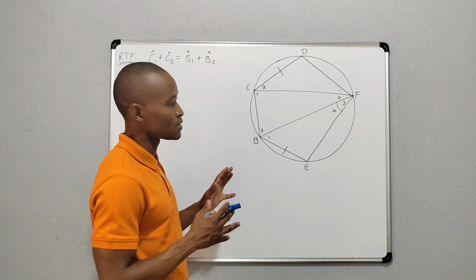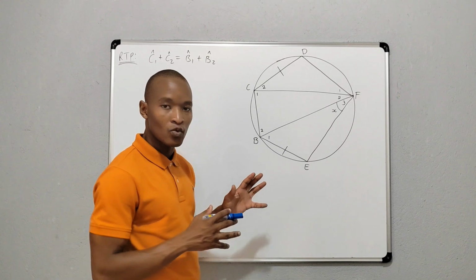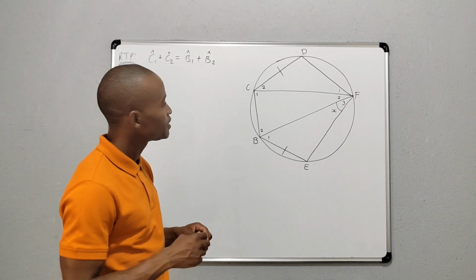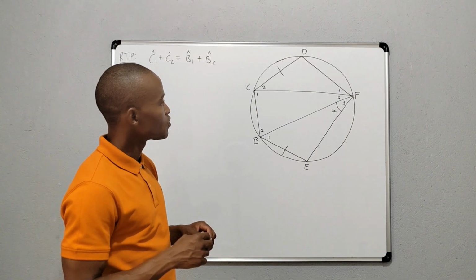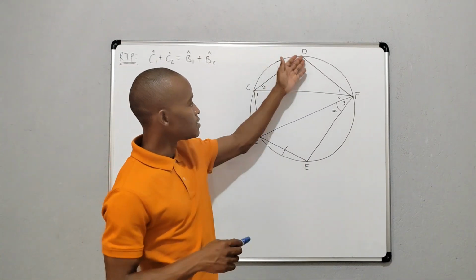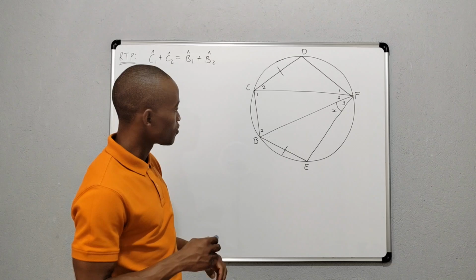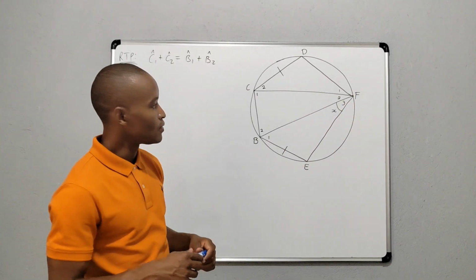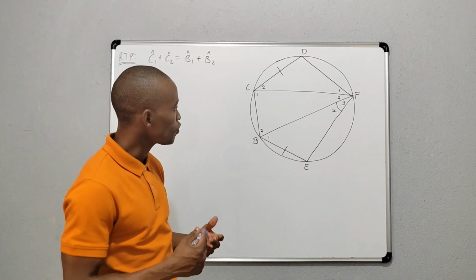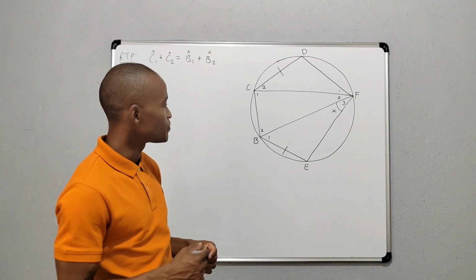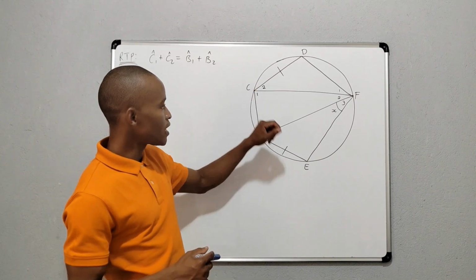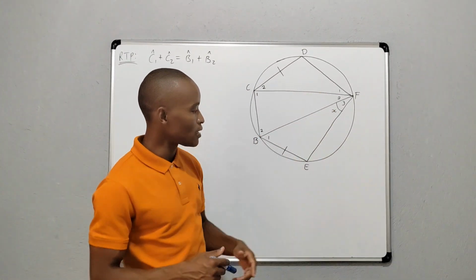If we have a center, a diameter and a radius, that will be confirmed in the information that is given. We have a cyclic quad BCDF. We have another cyclic quad BCFE. We have established that. What else do we see? We see split angles at B, two split angles, three split angles there.